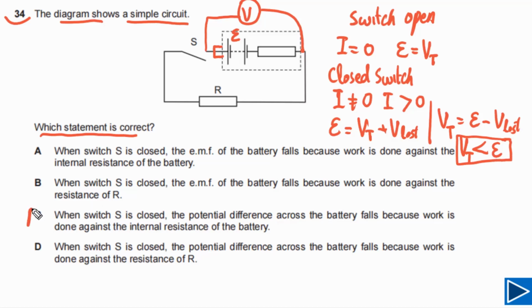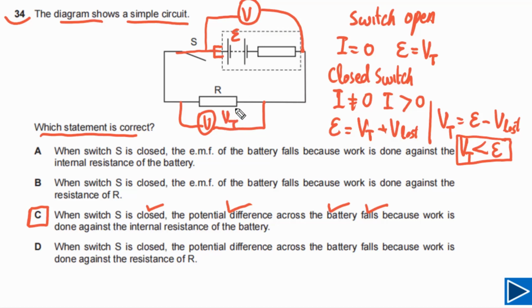If you look at option C, it is given to us when switch S is closed, the potential difference across the battery falls, meaning the terminal potential difference decreases when the switch is closed. Actually, if you connect a voltmeter across this battery, the reading will be the same, and that reading we call the terminal potential difference.